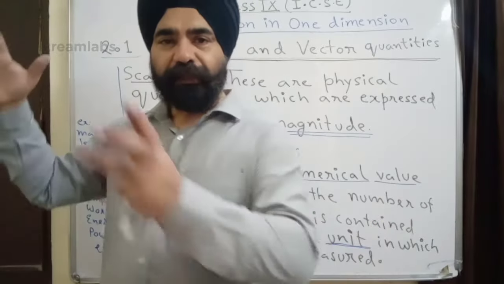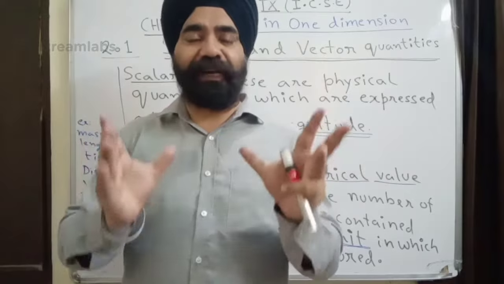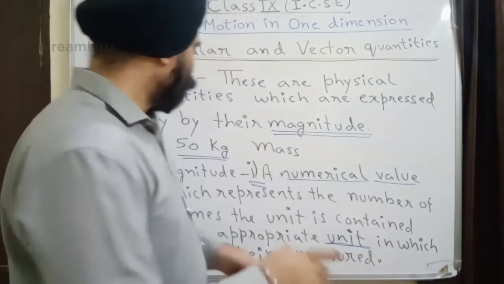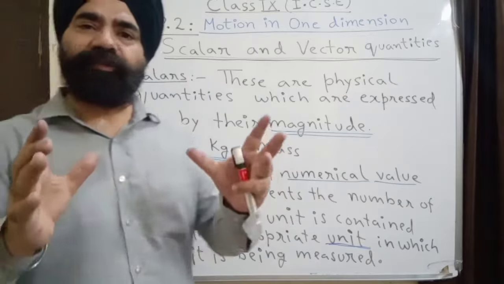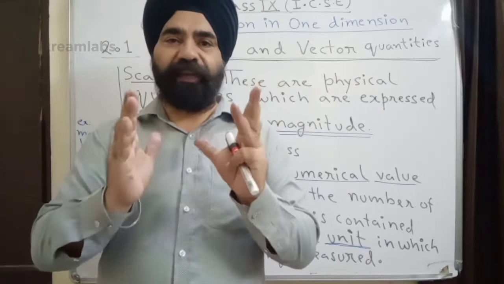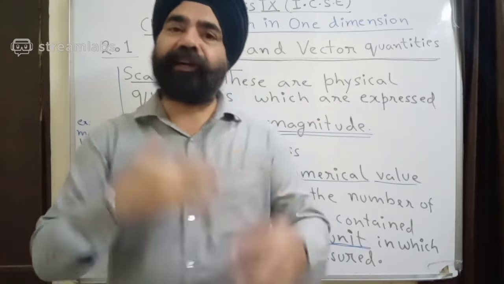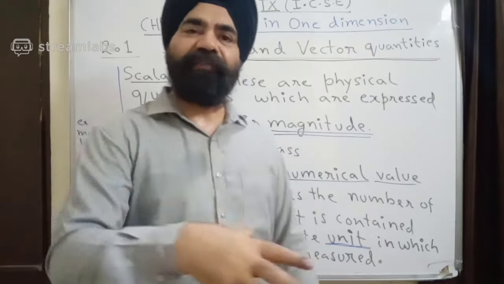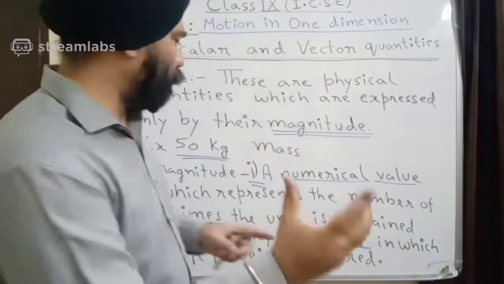And I see that this mass is 50 times that standard quantity. So I write 50 kgs, which means the mass of this object is 50 times the standard unit, a kg. I have chosen the appropriate unit kg, and then I've compared it. On comparing, I find that this mass is 50 times the standard mass.